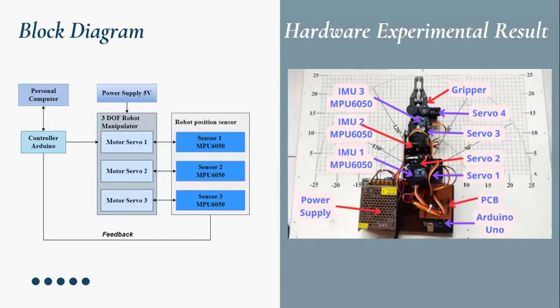To validate the simulation result, we also implement hardware experimental testing. The hardware system block diagram is shown in the picture. We use an Arduino as the controller, which is connected to a personal computer. The personal computer is set to output all data on the serial monitor.